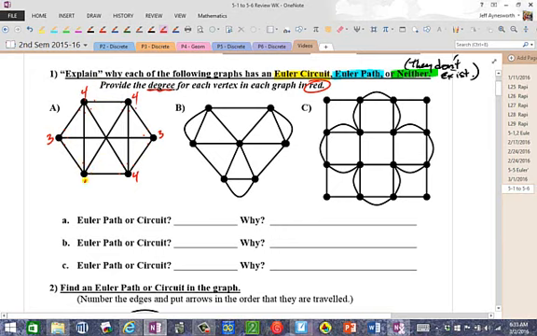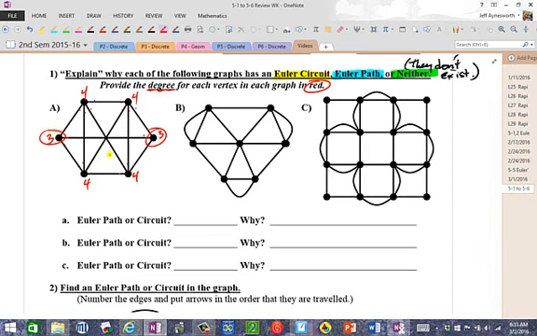All right, so notice I have two odd degrees. So because of that, Euler's theorem says this doesn't have a circuit. It has a path from this vertex to this vertex over here. These are odd degrees, and everything else is even. All right, so the first one here, graph A, is a circuit.